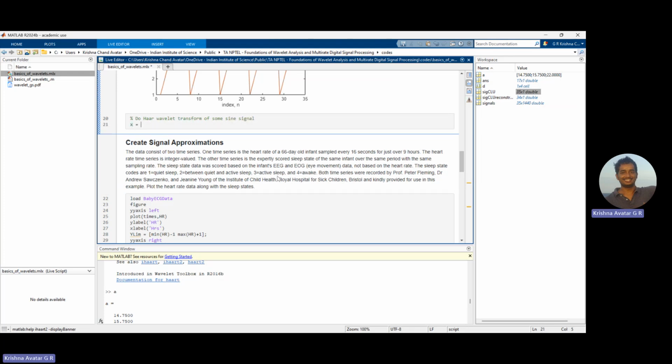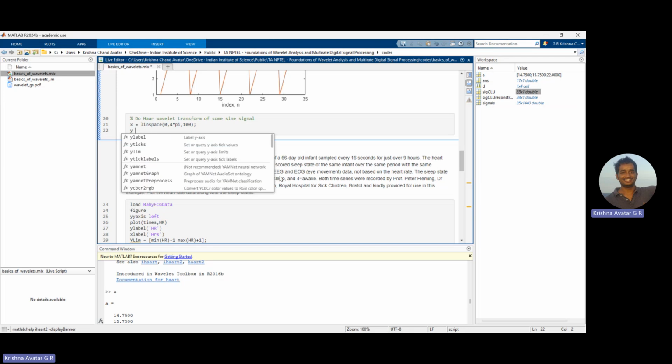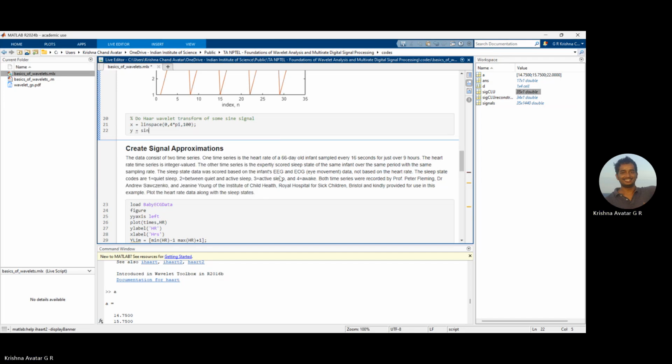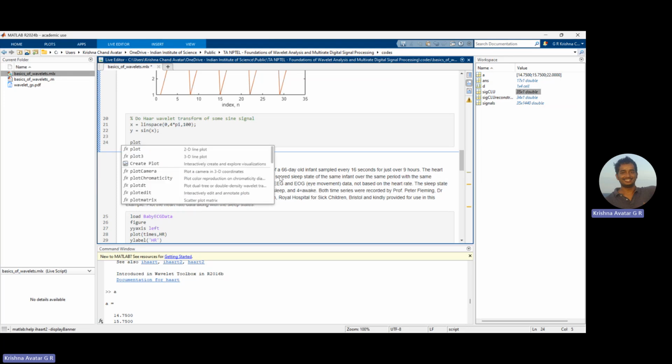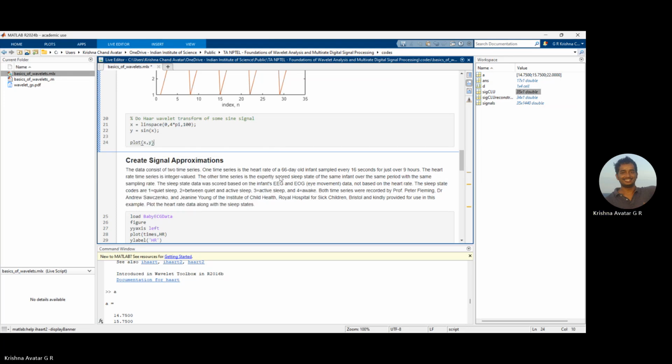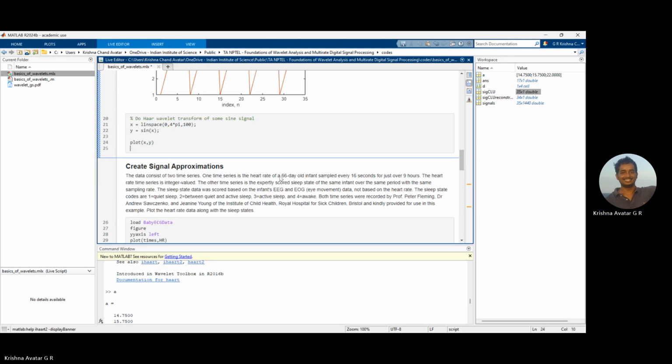So let's define x is equal to linspace from 0 to 4 pi with 100 entries. Then you have y is equal to sine of x. Then we can just plot it and see how it looks like.